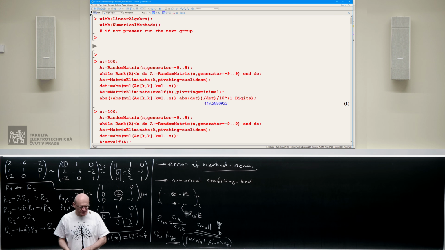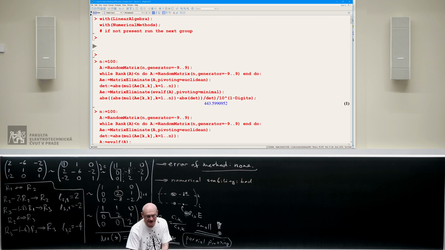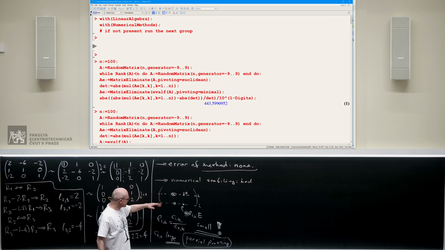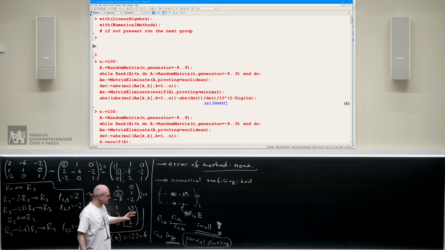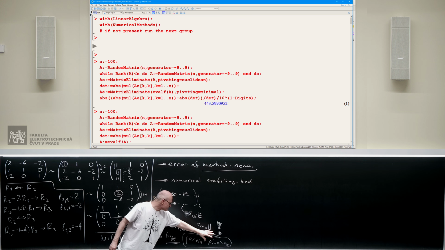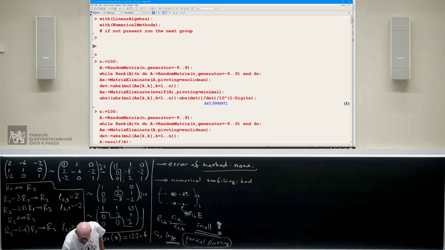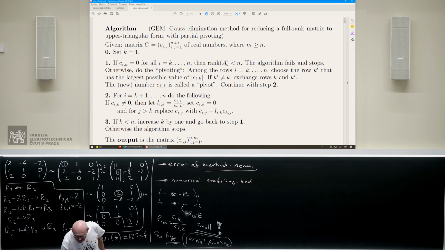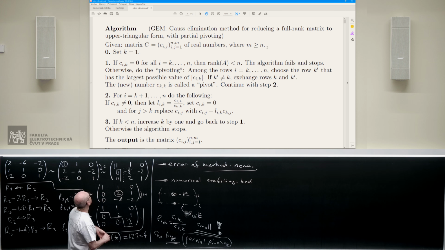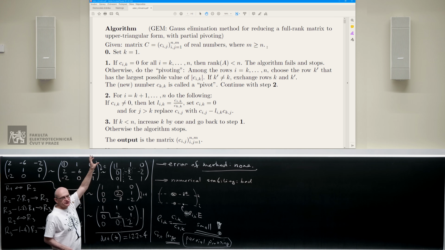Now, there's also something called full pivoting, as you can expect from the name, but let's not talk about it because it's a specific trick which is used quite rarely. Okay, so this is actually what is used most of the time, partial pivoting. Let me go back to the slide with algorithm. And this is actually what's in part 1. Part 1 is where we choose pivot.